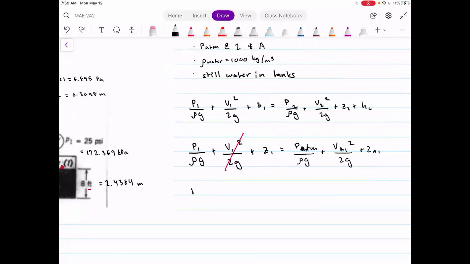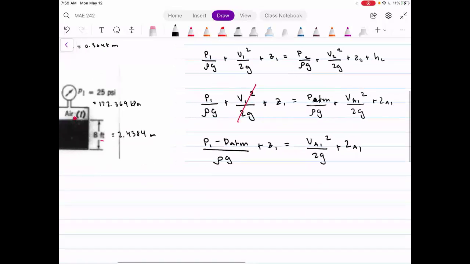So let's go ahead and write this as P1 minus PATM over rho g plus Z1 equals VA1 squared over 2g plus ZA1. Now that we have this, we can go ahead and plug in our different values.